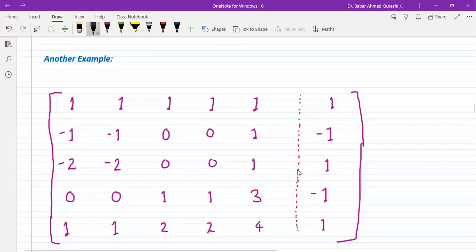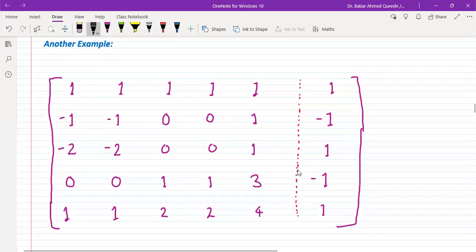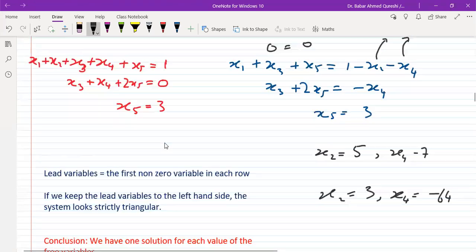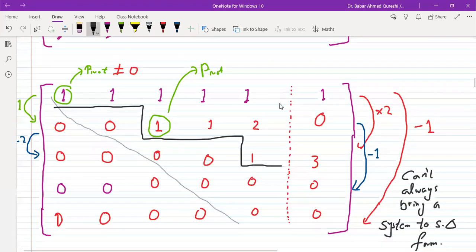So let's take another example. The coefficients are the same, I just changed some constants on the other side. Now you will do exactly the same things, and actually since these coefficients are the same, you're going to get exactly the same matrix on the left side of this dotted line.